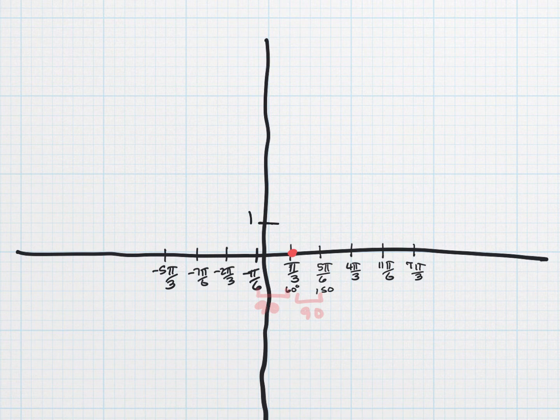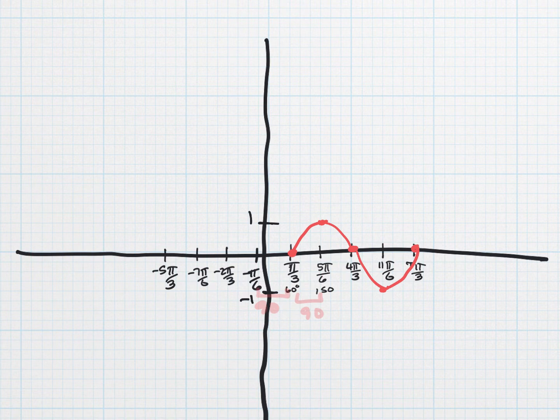So that was 1, 2, 3 boxes. And then negative 1 would be here. So my next stopping point is the 5 pi over 6, 90 degrees apart, or pi over 2 apart. Then it goes up, then it comes back down to the axis. Then at 11 pi over 6, it comes down here, and then back up again. So I've got 4 points to the right of my starting point.